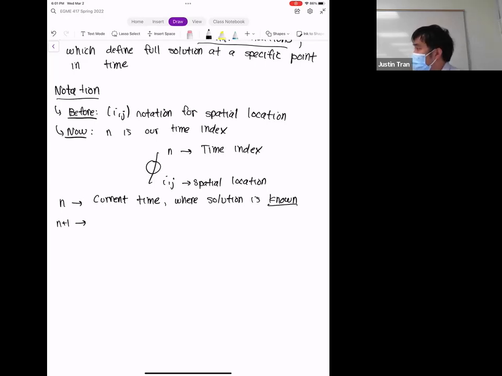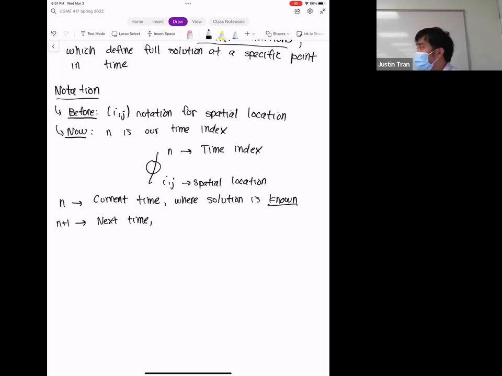This is in contrast to n plus 1. And so n plus 1 is what I like to call the next time. The next time is the solution that we're solving for in the next time step.